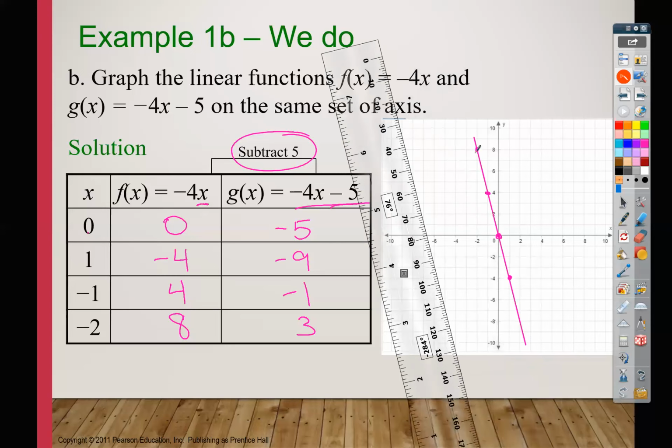Okay, and then I'm going to plot the other, so 0, -5, 1, -9, -1, -1, and -2, 3. I'm sorry, this point is in the wrong spot. -1, -1.